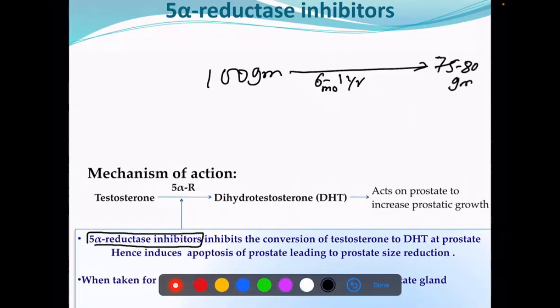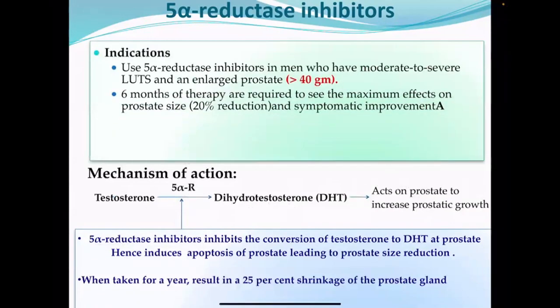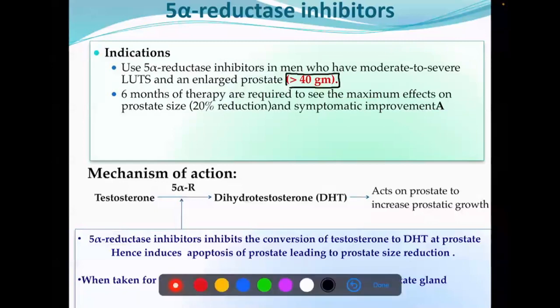How is it possible? Because the lack of dihydrotestosterone in the prostate will decrease the size of the prostate, because DHT is required for prostate growth. Obviously, the indication is that the patient must have moderate to severe symptoms, and one more criterion: if the prostate size is less than 40 gram, then this drug will not act.